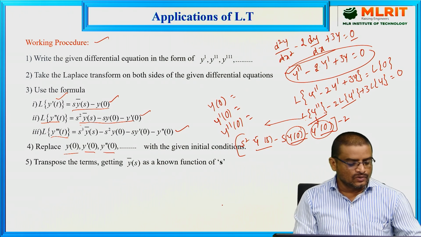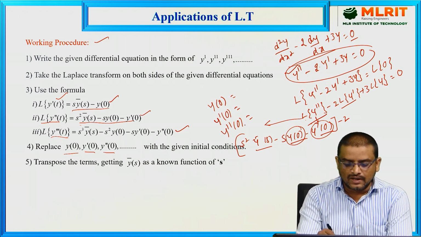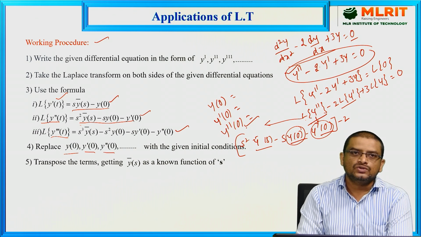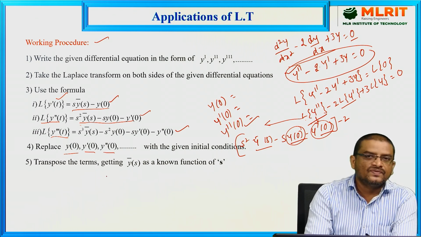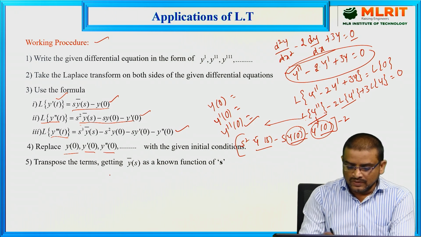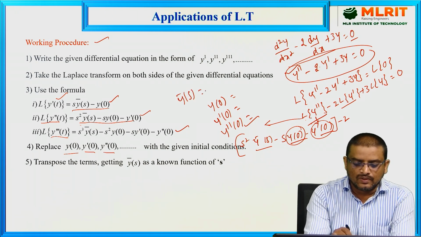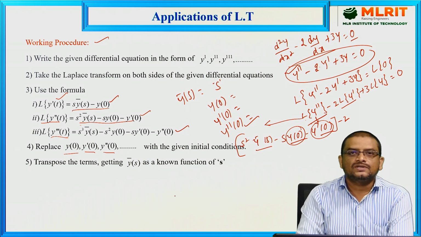Now after replacing y of 0, y dash of 0 and y double dash of 0 with these values, we have to do some simplifications, and after doing those simplifications, we have to get y bar of s in terms of s.